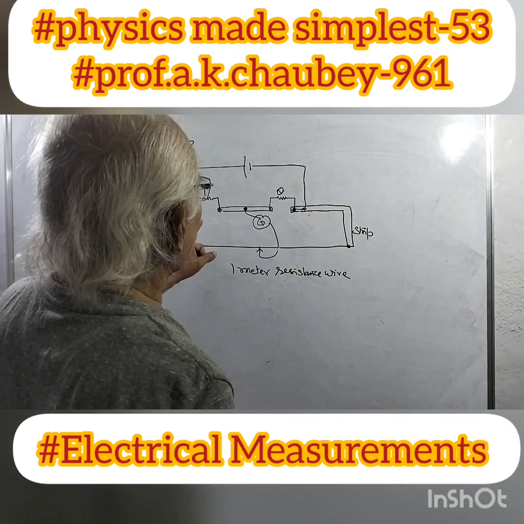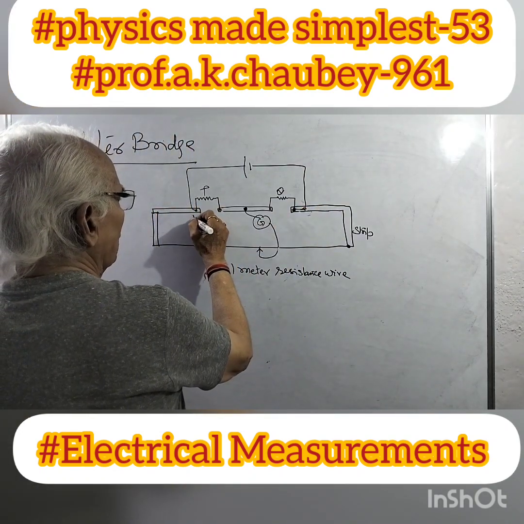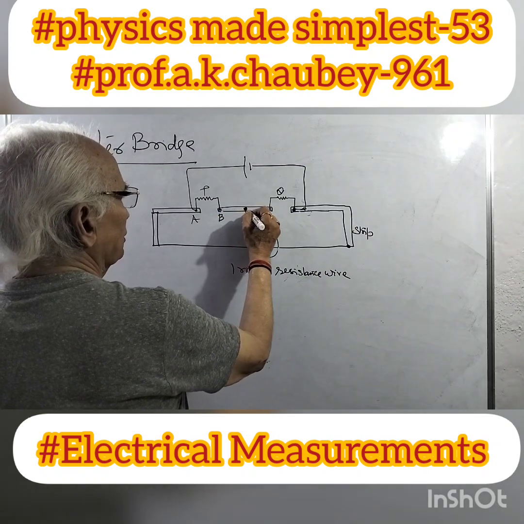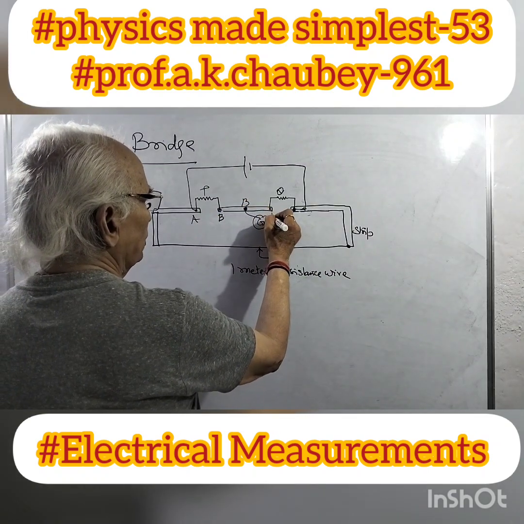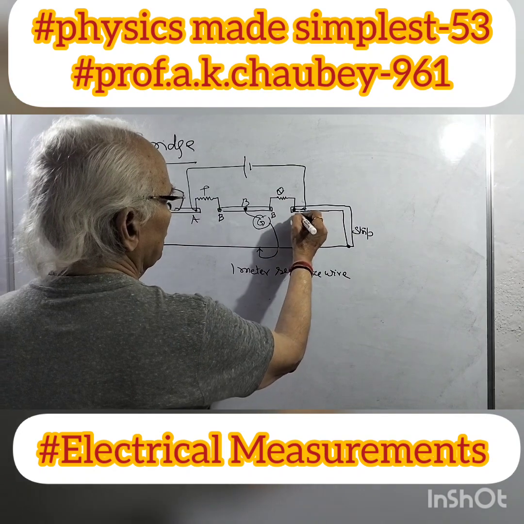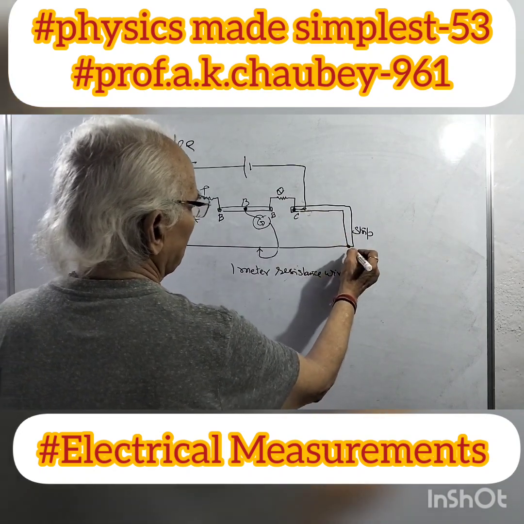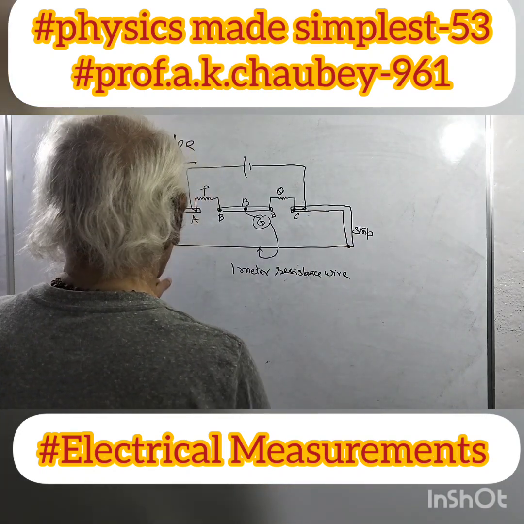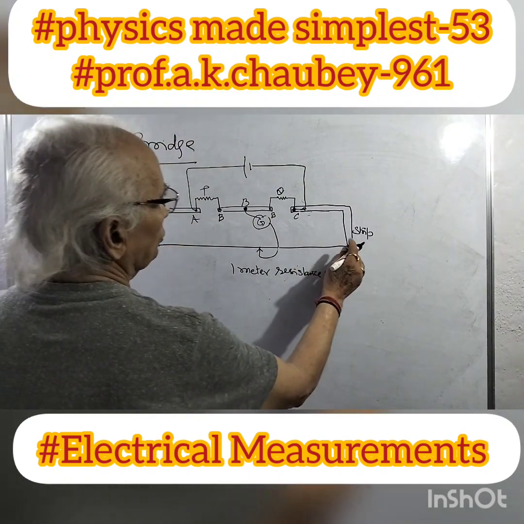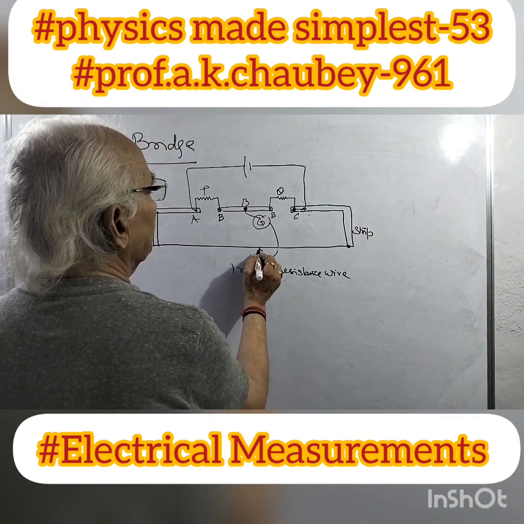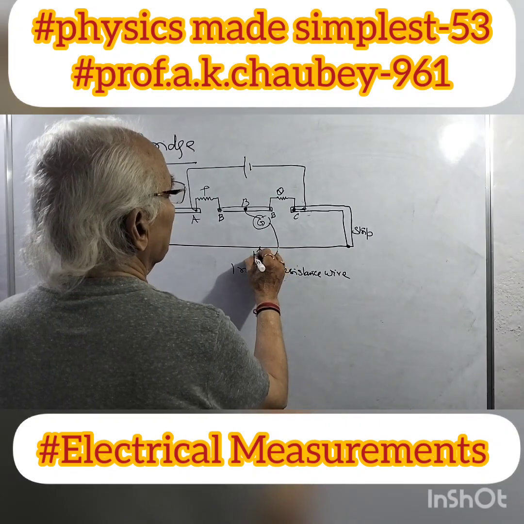That is the battery here, which means this is the point A, this is the point B, that is also B, this is also B, and then C, and this is also A, like this.